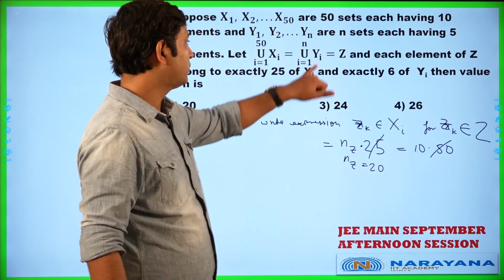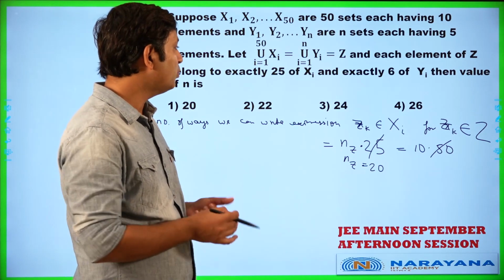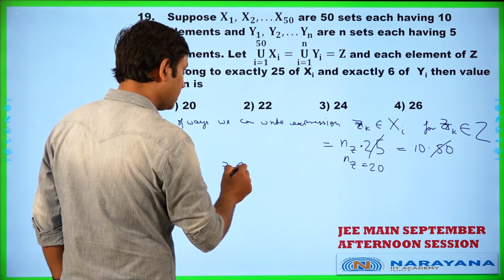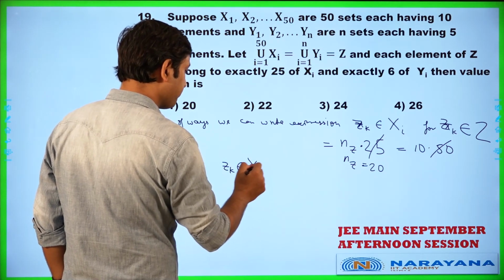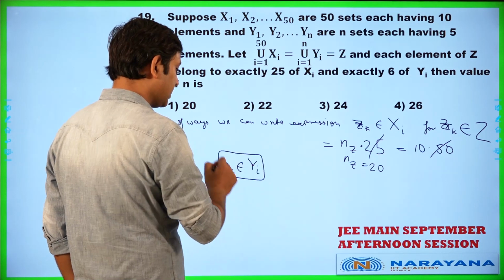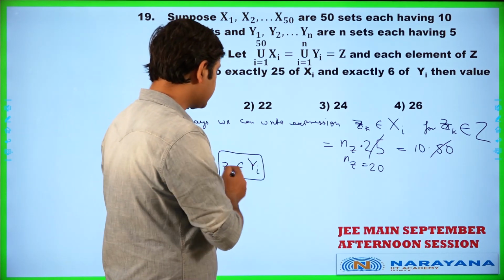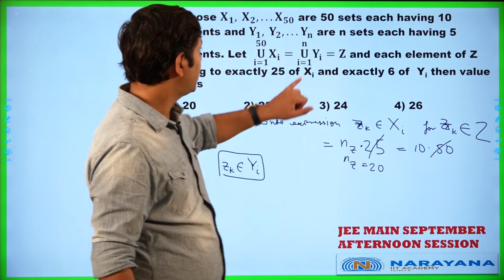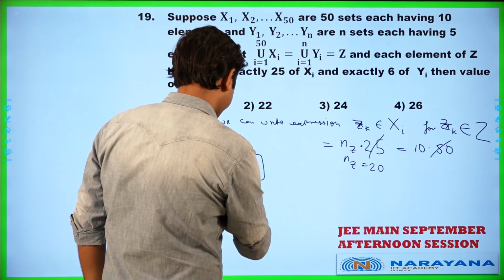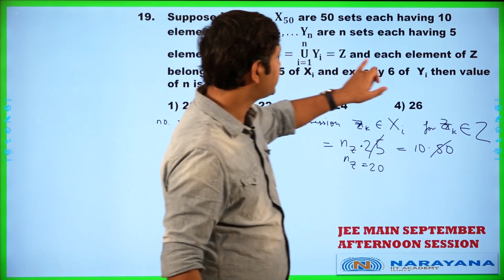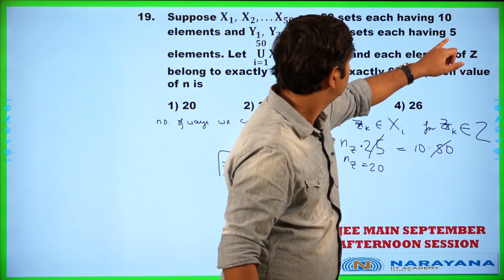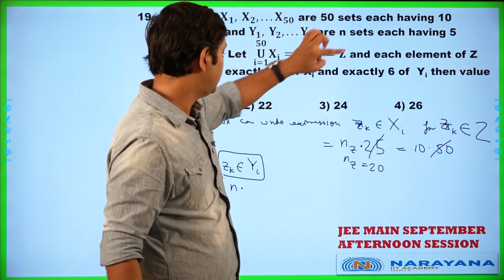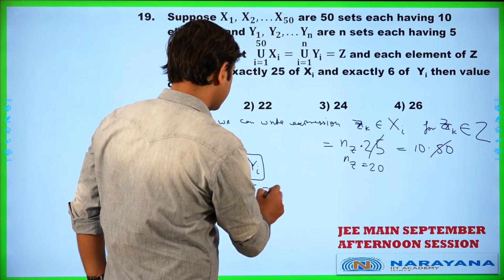Now we'll do the same thing for Y. In how many ways can I say zk belongs to Yi? How many such statements are there? If I count from the sets' perspective, we have n such sets, and each set Yi has 5 elements, so n into 5 is the number of times I can write that.